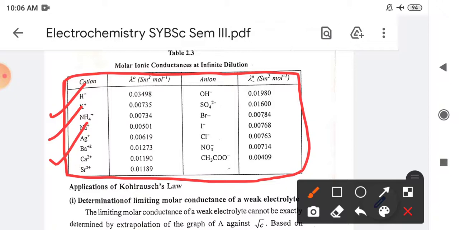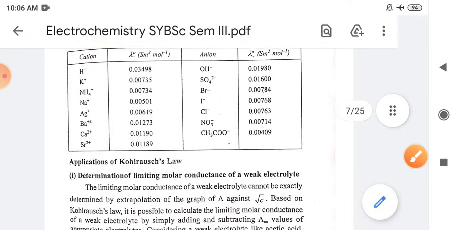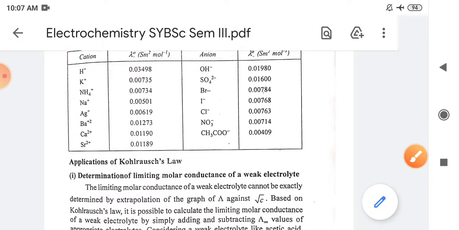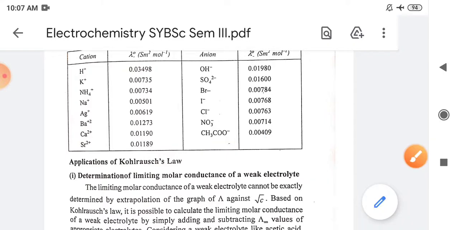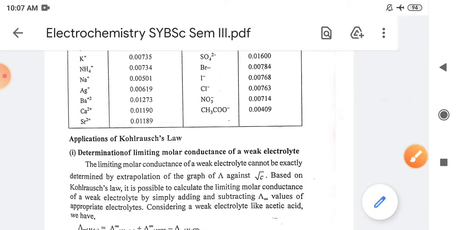But what will we do for acetic acid? In order to find the limiting molar conductance of a weak electrolyte like acetic acid, we simply need to add the H plus and acetate ion molar conductivities.